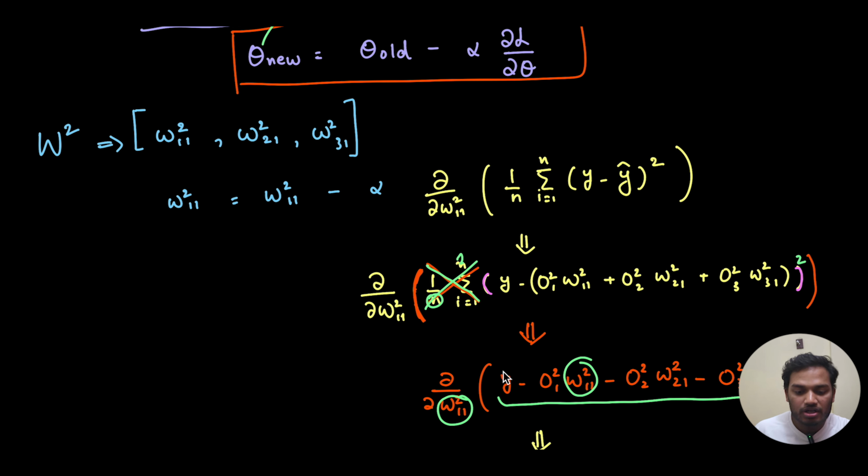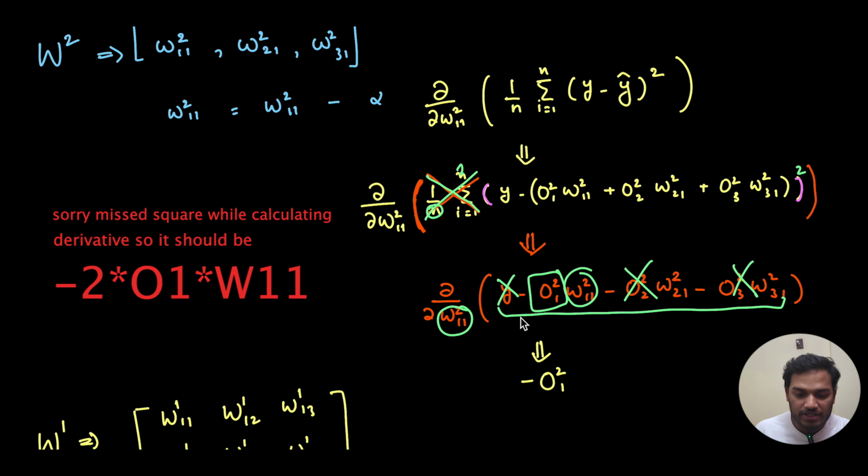As it is not there, these will get removed automatically, or these will become 0, and we will be left with only this one.